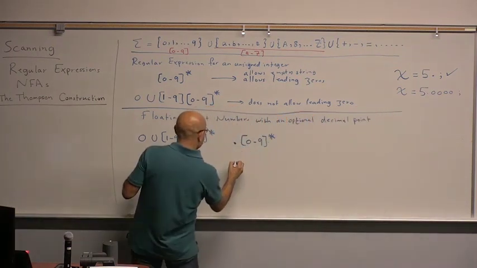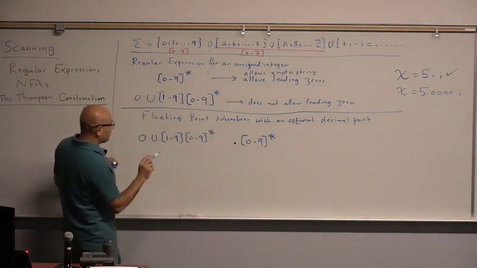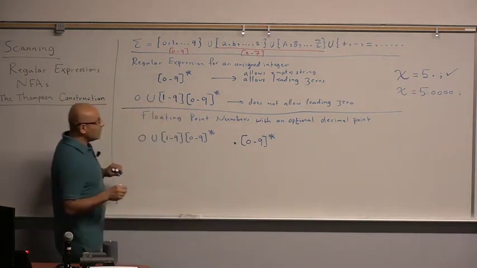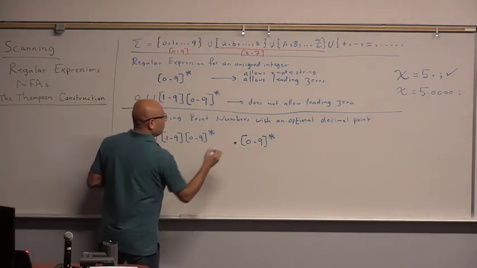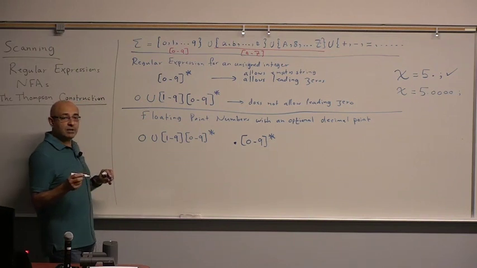But if you do it this way, this is a regular expression for the decimal point. But here, we're saying that the decimal point is what? Mandatory. So if we want to make it optional, what should we do?